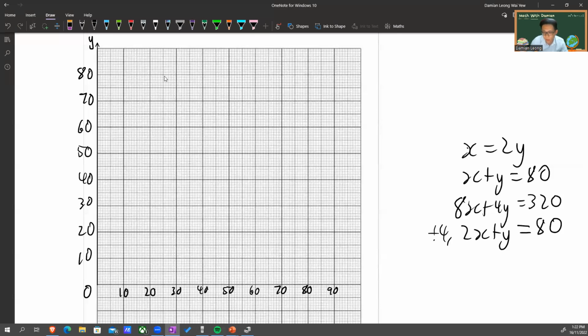I actually don't need to go until so far. I can go up to 90 or so. Or even if you go up to 80, it's fine.